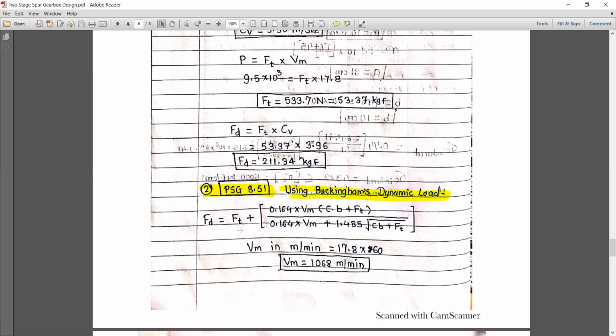Okay, now secondly, you can calculate the dynamic load by using Buckingham's formula.